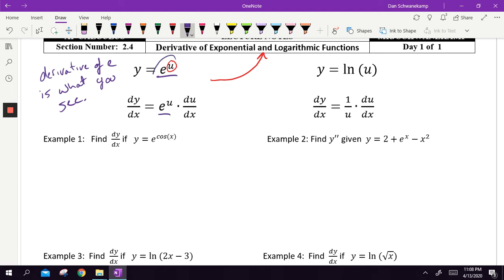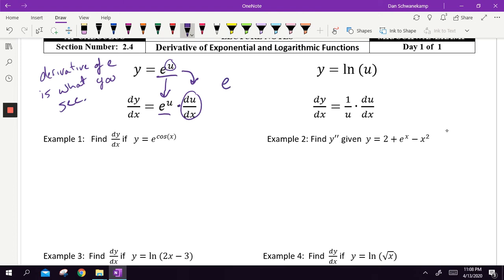So if it was e to the u, it's going to stay e to the u times the derivative of the exponent. So whatever's in our exponent, if it's u, we're going to multiply by the derivative of u. So the derivative of u would be like du over dx.